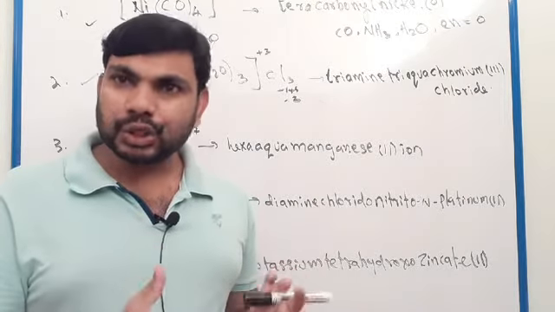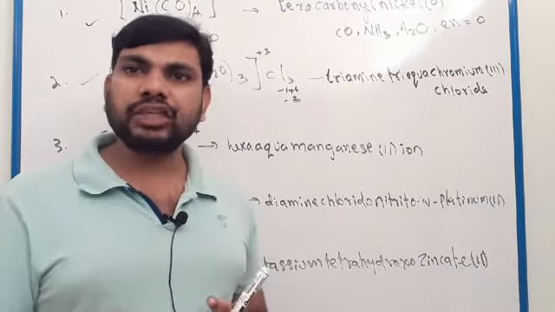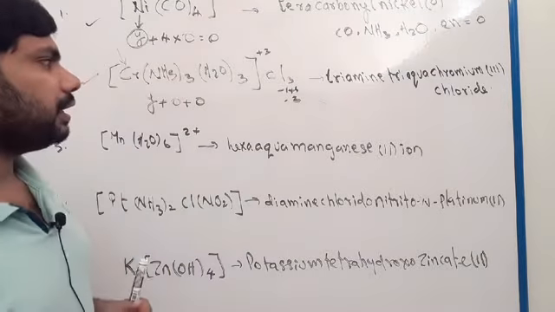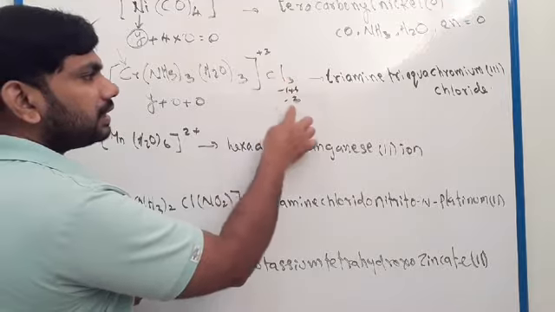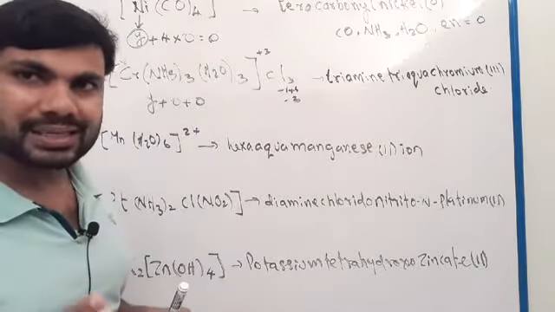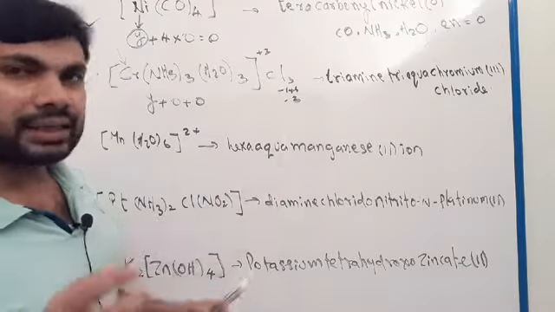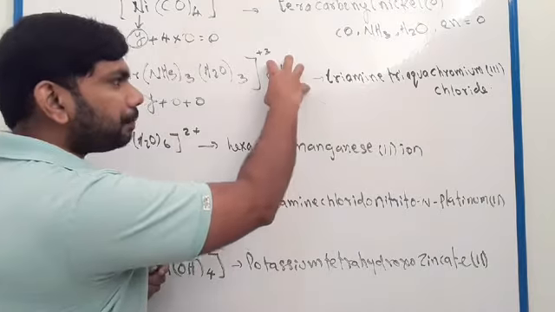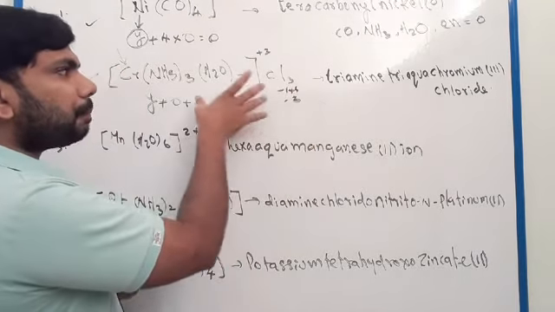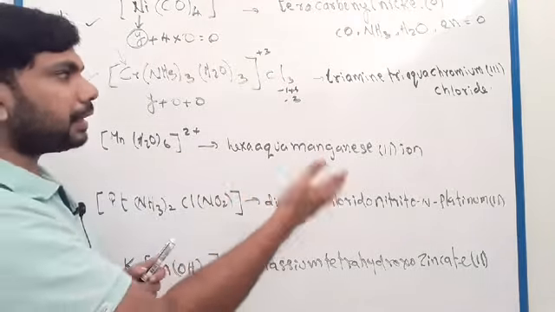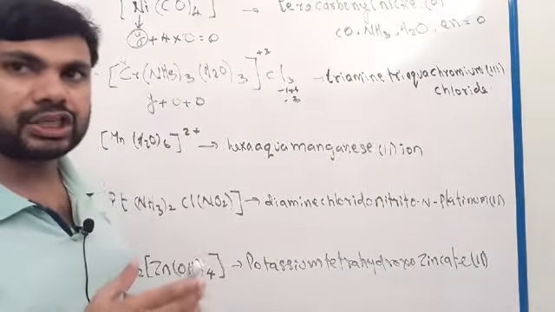So the magnitude of positive and negative charge will be equal. Okay, we discussed already. So this negatively charged part is minus 3 because 1 chlorine is minus 1, 3 chlorine, 3 times minus 1, so minus 3. So the positively charged part will be plus 3. Minus 3 plus 3, so they cancel each other.